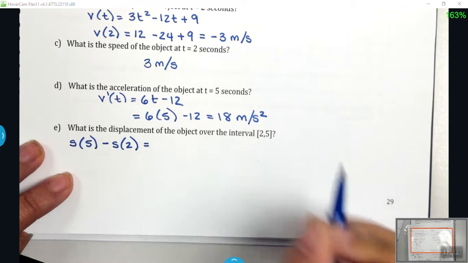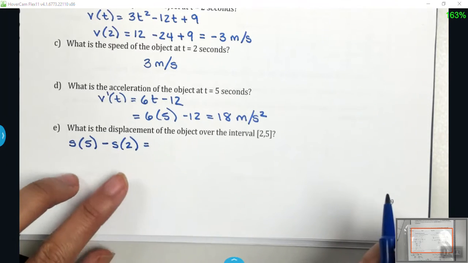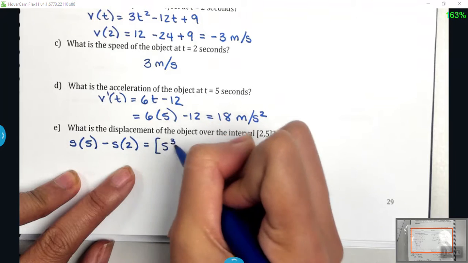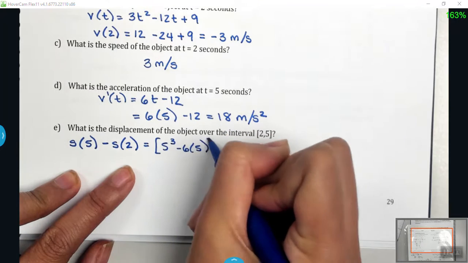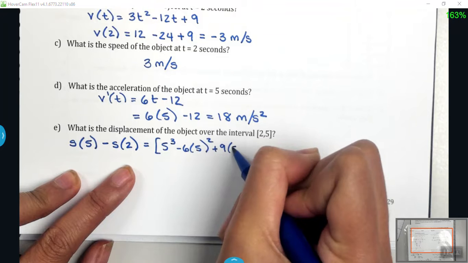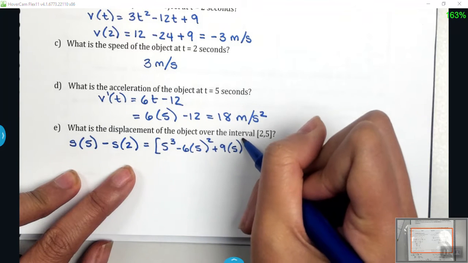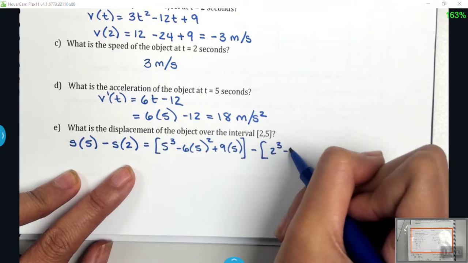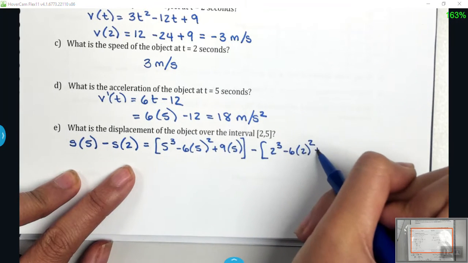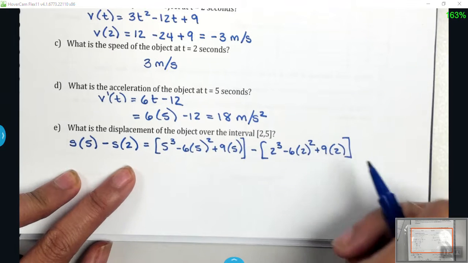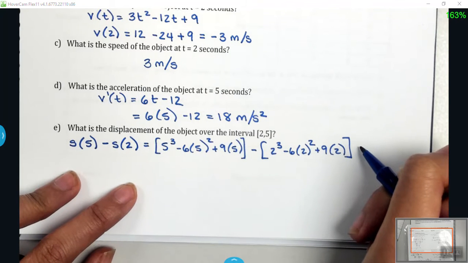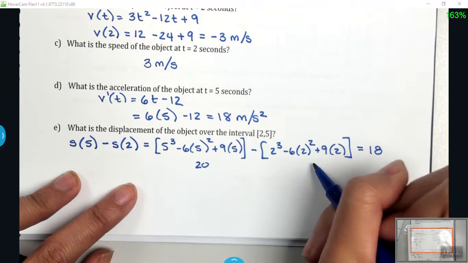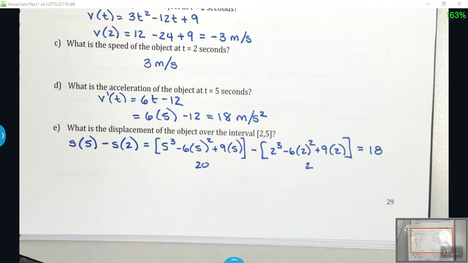So my position at 5 is 5 cubed minus 6 times 5 squared plus 9 times 5, minus 2 cubed minus 6 times 2 squared plus 9 times 2. And that ends up being 18, because this is 20 and this is 2. Okay?